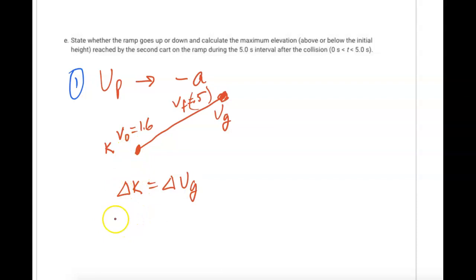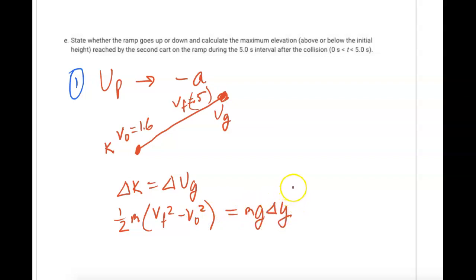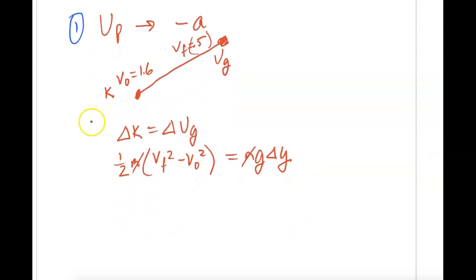Our kinetic energy is 1/2 of the mass times the final velocity squared minus the original velocity squared, and that's equal to the mass times the gravity times the change in height. They want us to figure out the maximum elevation, so we're looking for the change in height. The masses we can cross off, and so we are left with 1/2 of the VF squared minus VO squared, divided by G, and that should be equal to delta Y.